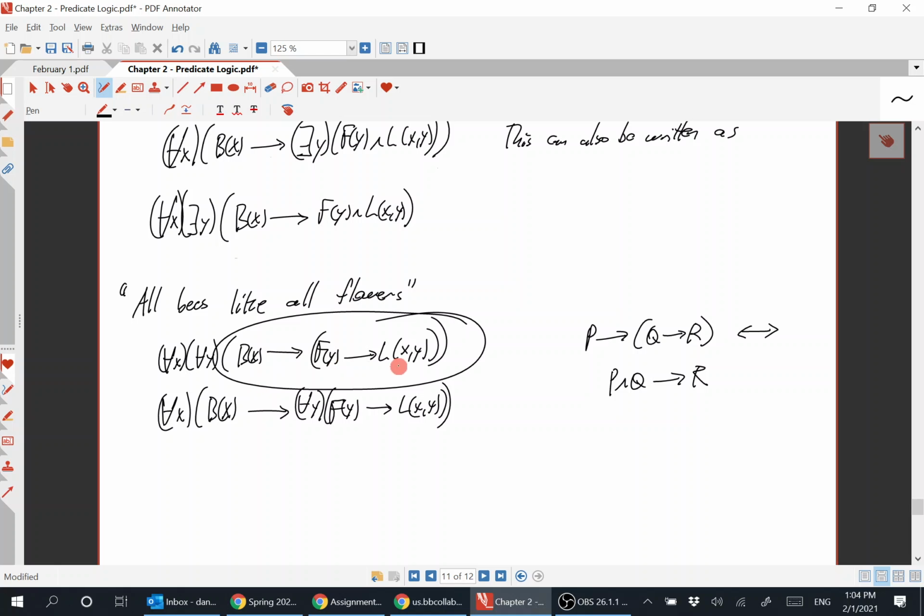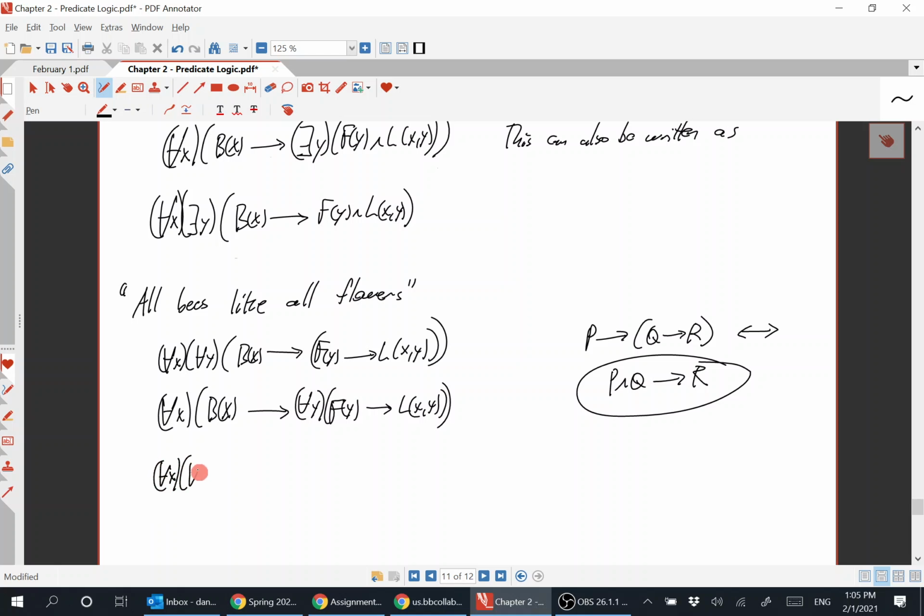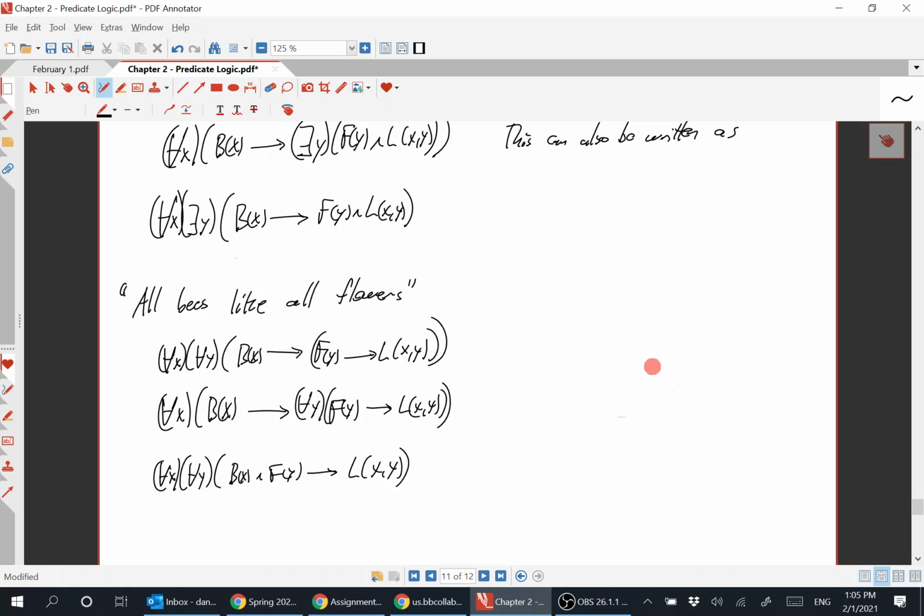So B implies F implies L is the same as B and F imply L. So you can also say it like this: if X is a bee and Y is a flower, then he likes it. All of these work.